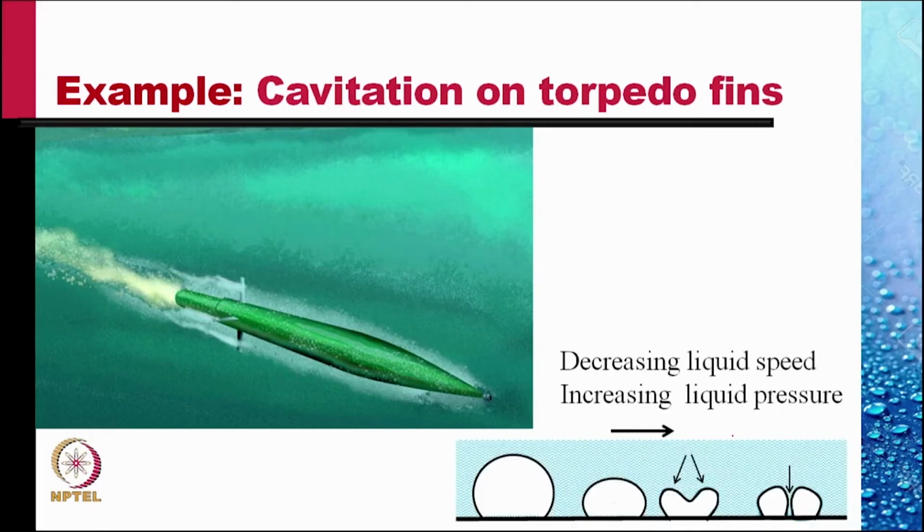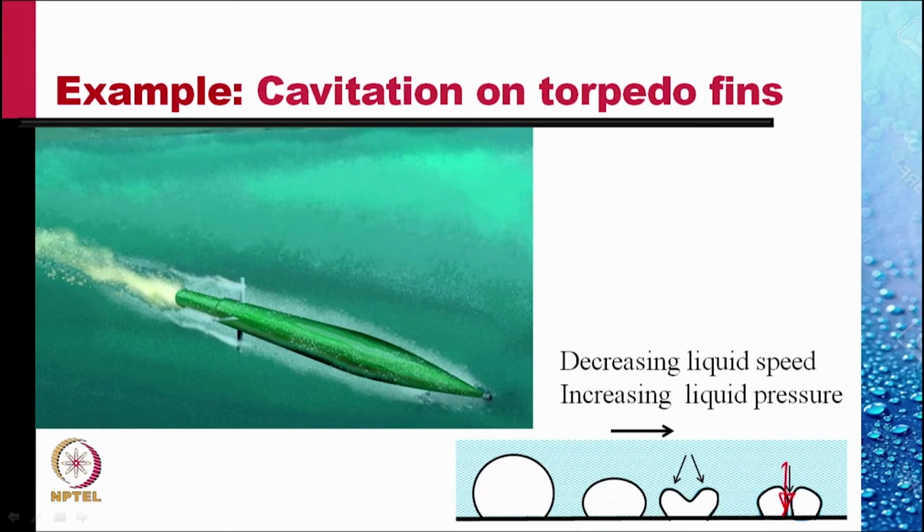As the fluid slows down moving away from the fin, the pressure increases, the diameter of the vapor bubbles decreases, then the vapor bubble splits and suddenly a jet impinges on the surface.